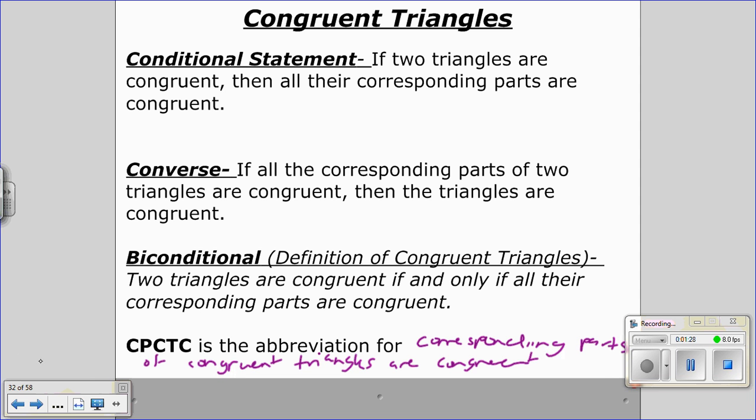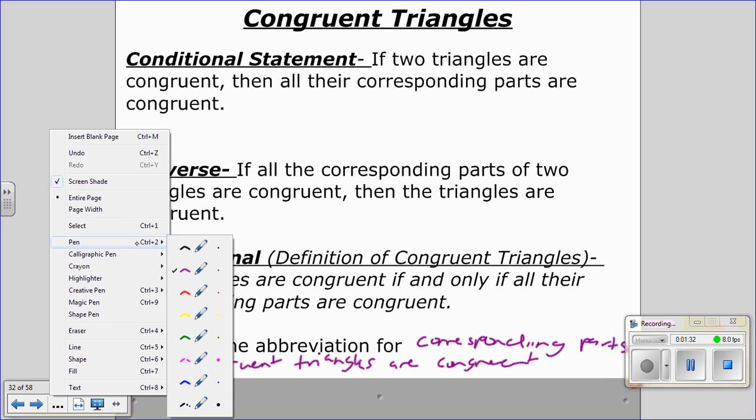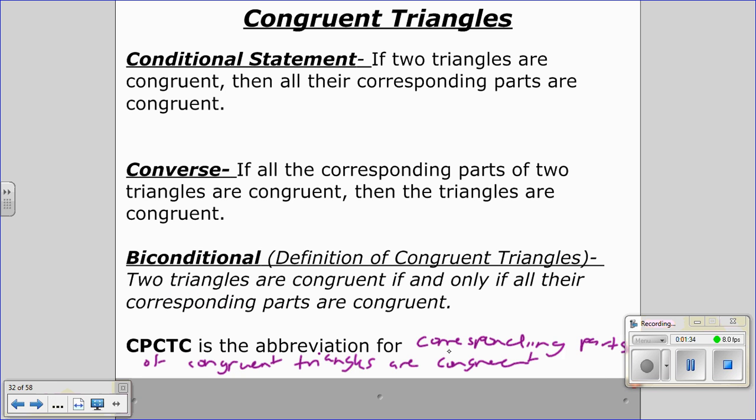I know my handwriting is horrible, but that's what it stands for. Again, I repeat, corresponding parts of congruent triangles are congruent. CPCTC.